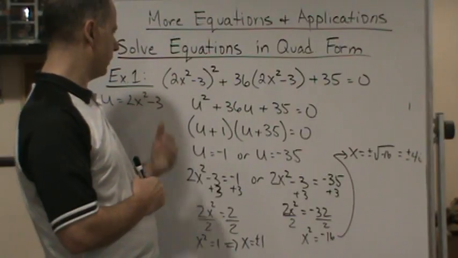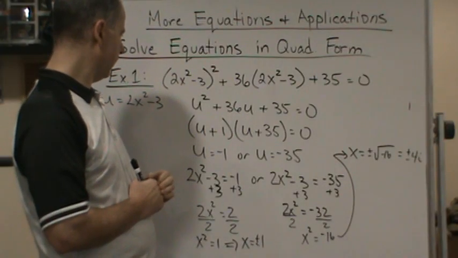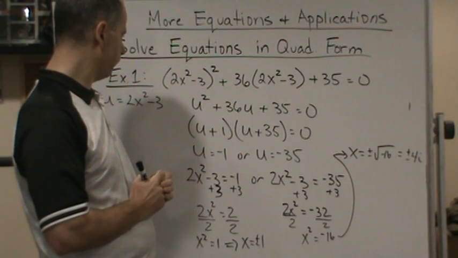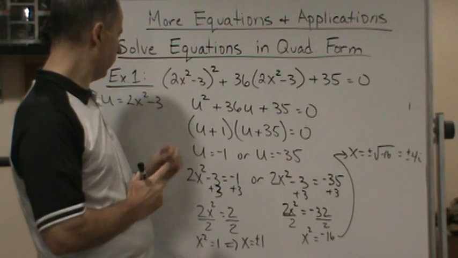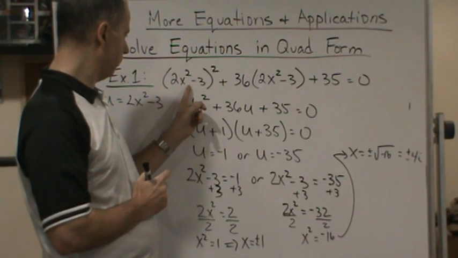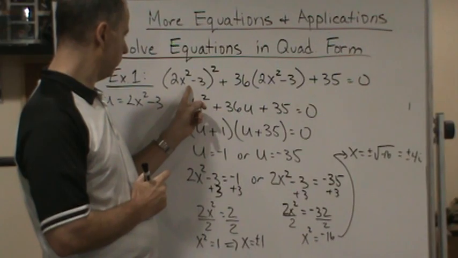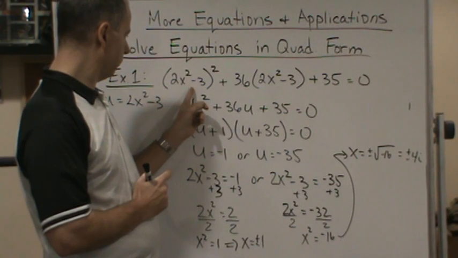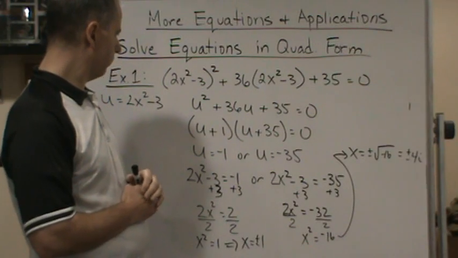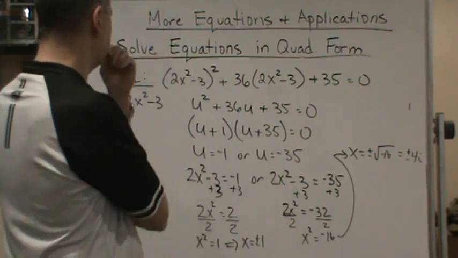You can factor out the negative 35 and you'll get, oh boy, I'm sorry.